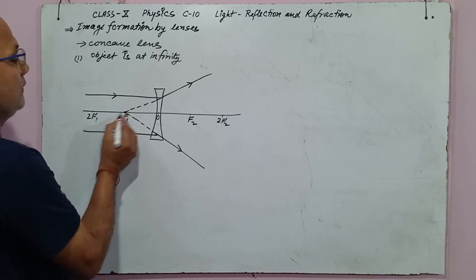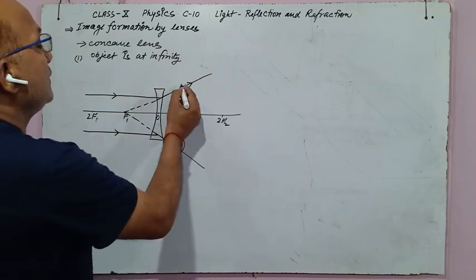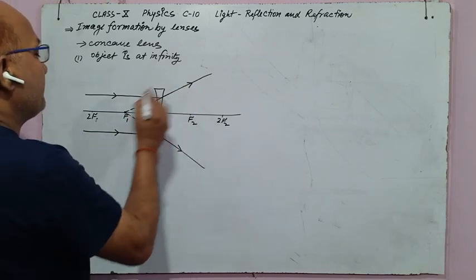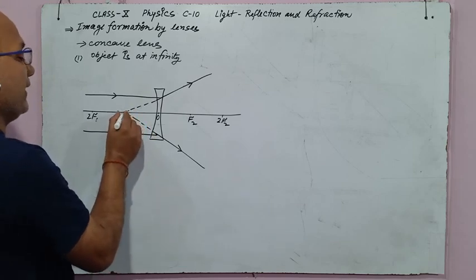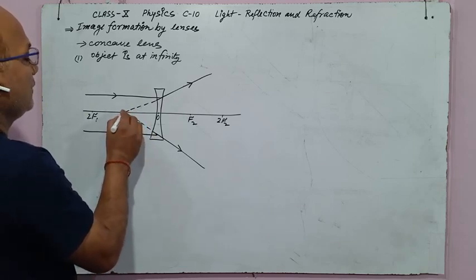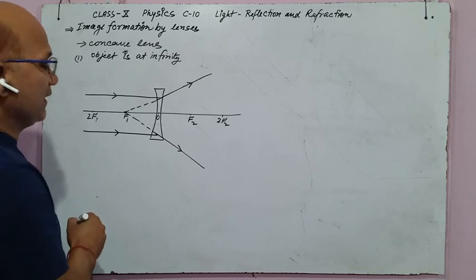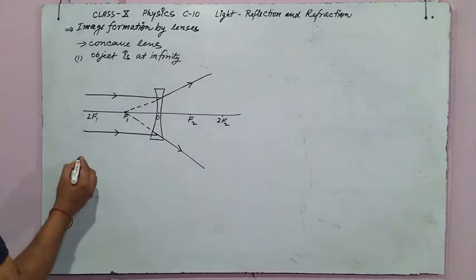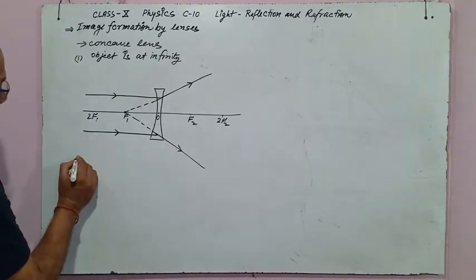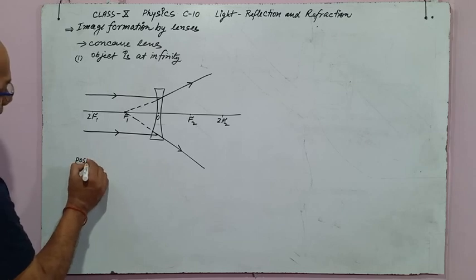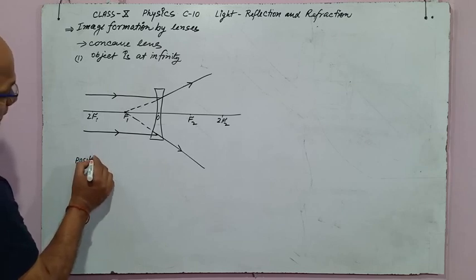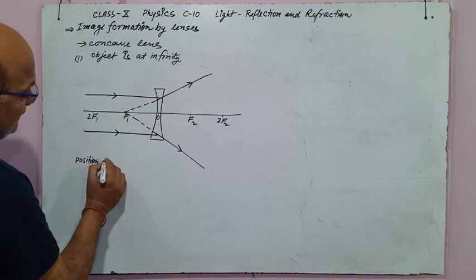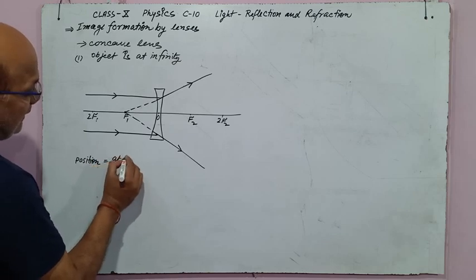So you can see these two rays appear to diverge from this point. So at focus there will be the image. So what is the position of image? Position of image is at focus.